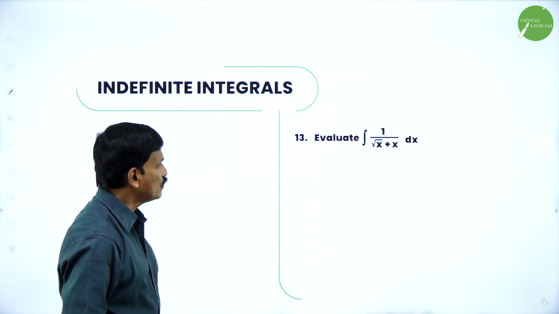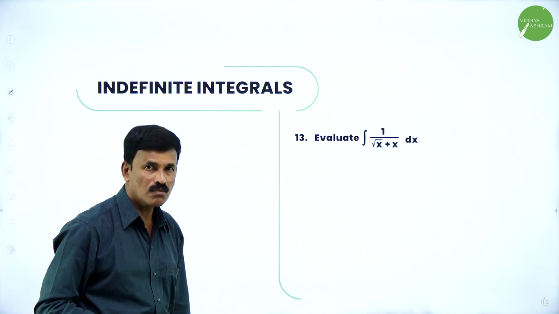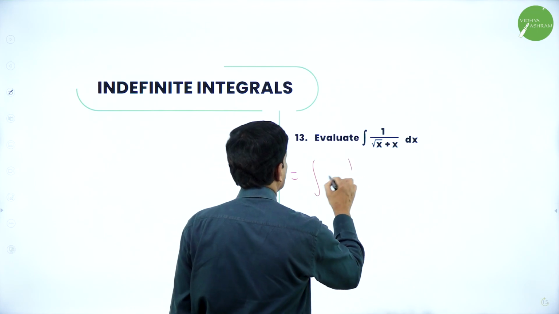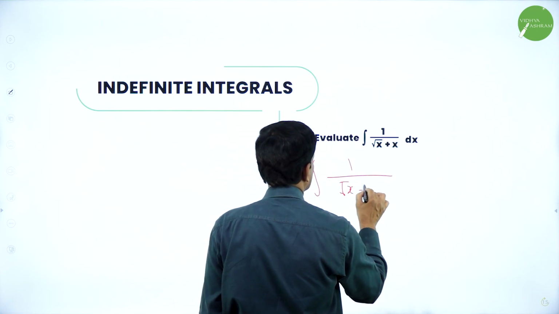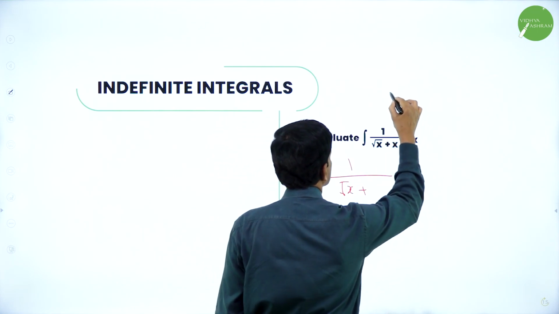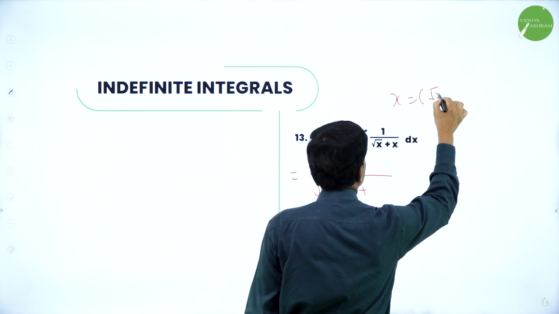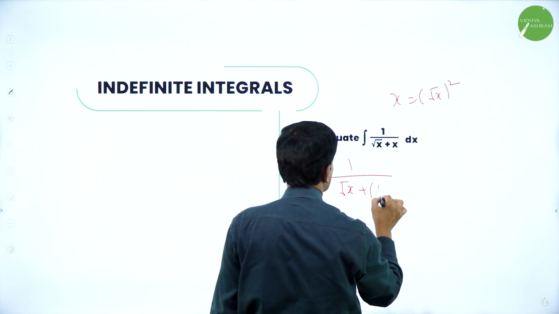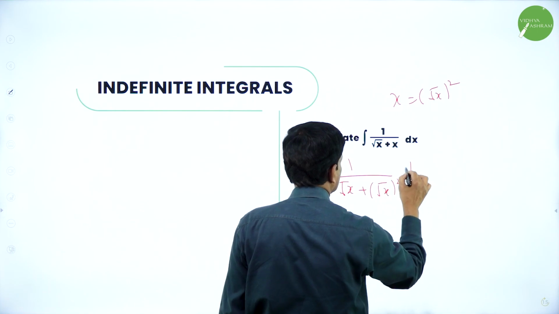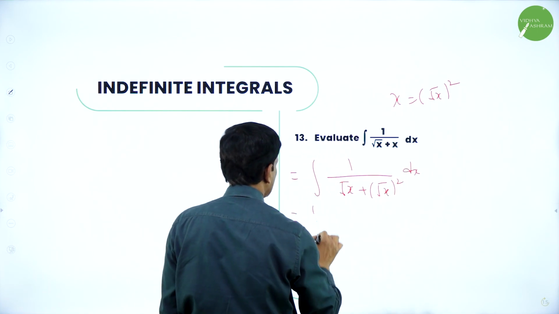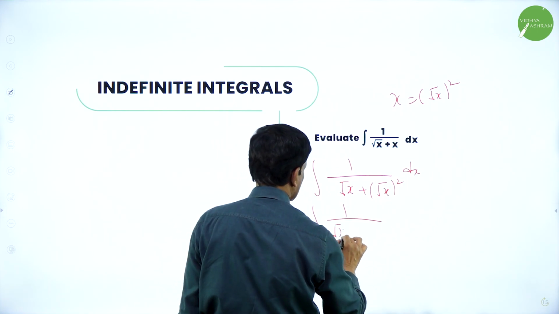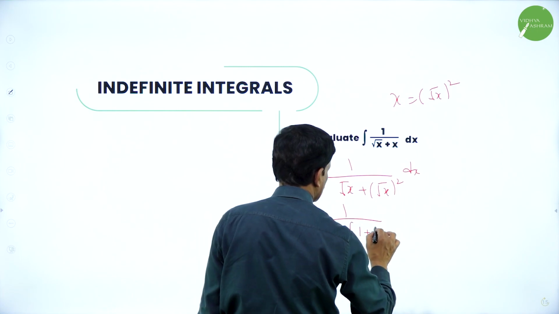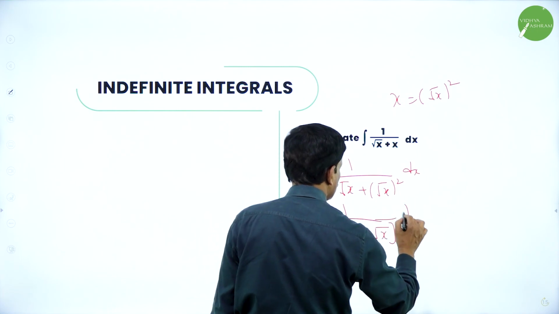Evaluate 1 over root x plus x. This can be written as integral 1 over root x as it is plus this x can also be written as root x whole square, into dx. Now, you can take the common factor, root x, out, then this becomes 1 plus root x into dx.